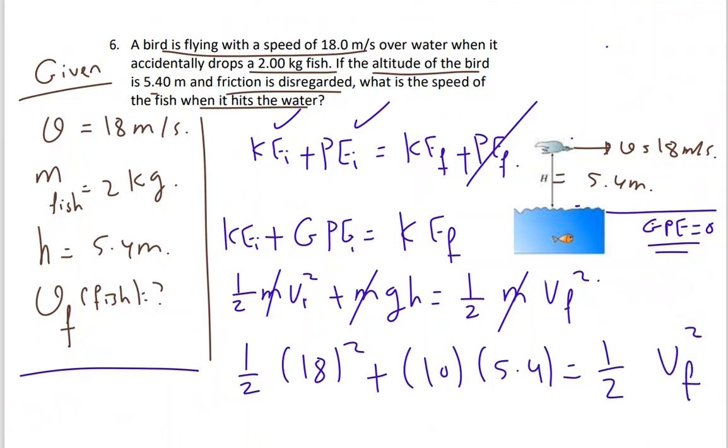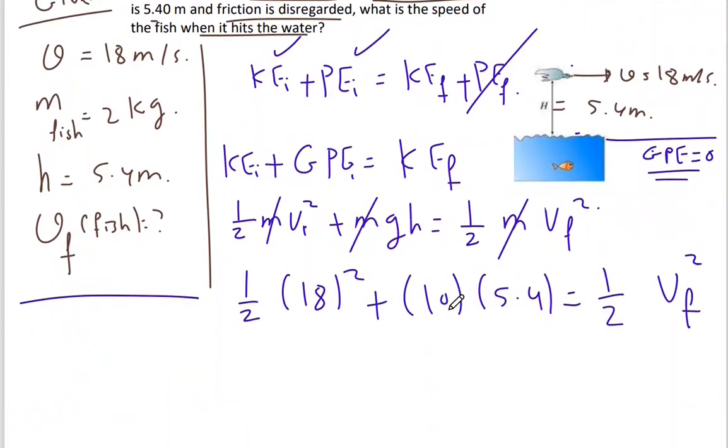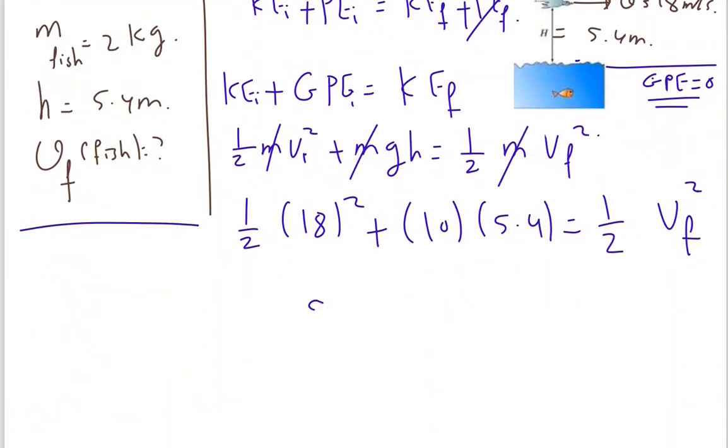Okay, so we calculate these values. Just put them in the calculator. I have half times 18 squared plus 10 times 5.4. This will be 216 equals half v final squared.